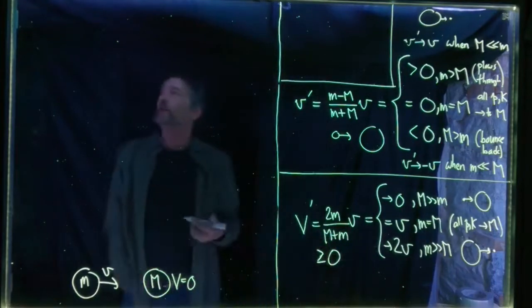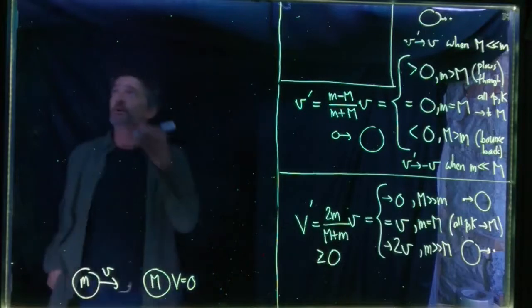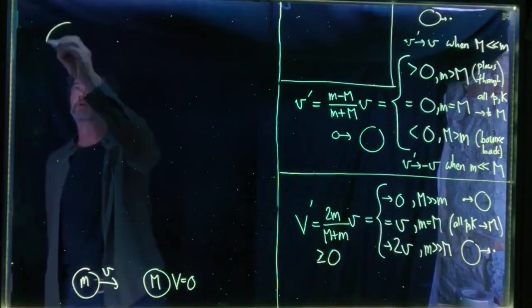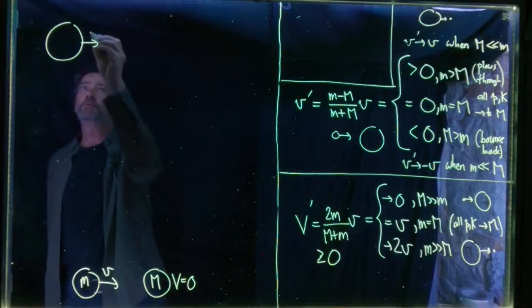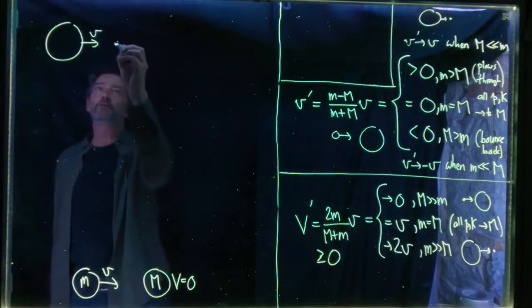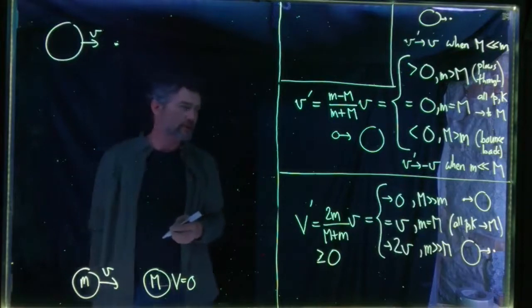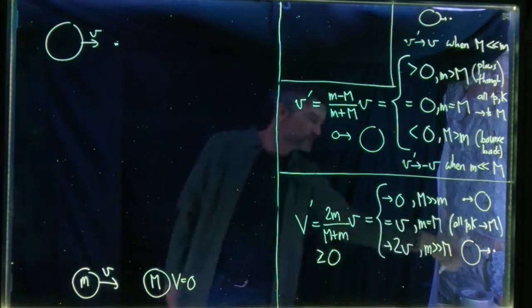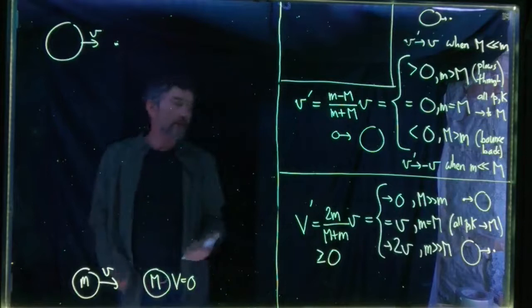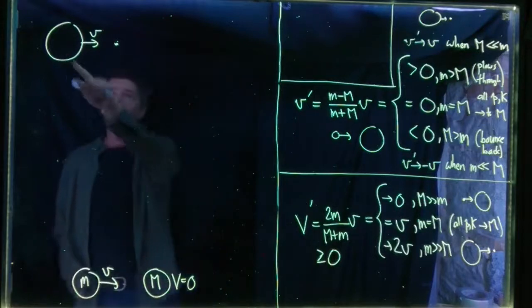Okay, so in this case, the situation looks like this. We have a large mass which is moving to the right with a speed v, and it's going to have a collision with a very tiny mass that's initially at rest. Okay, so it's this very extreme case where big M is much smaller than little m.